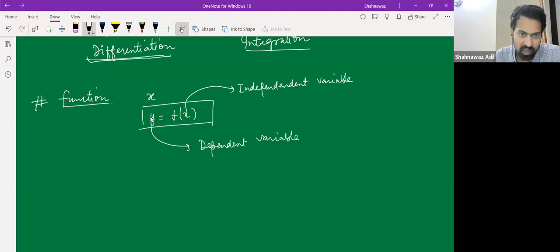And how can we relate this Y from X? We can relate it with this function.